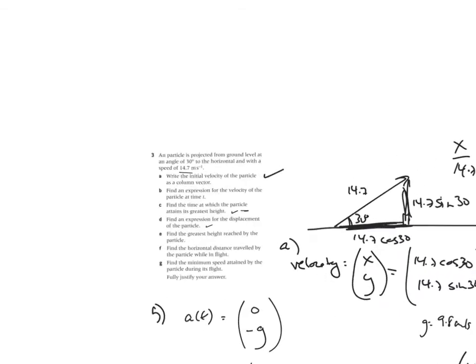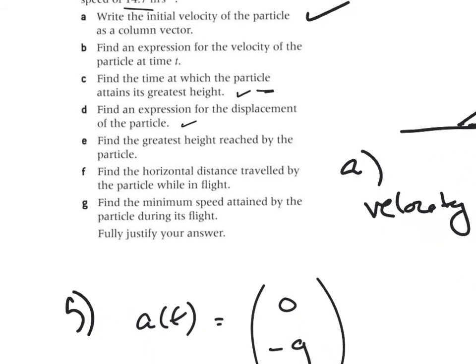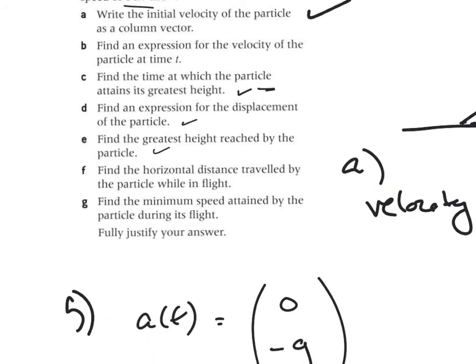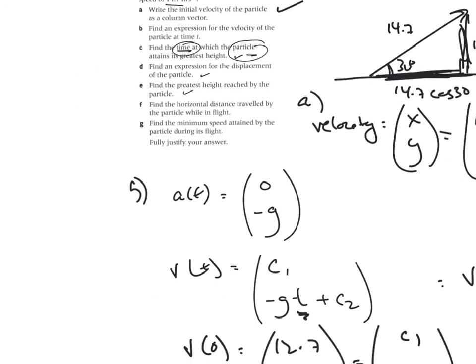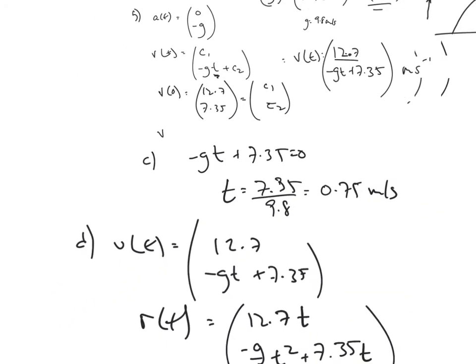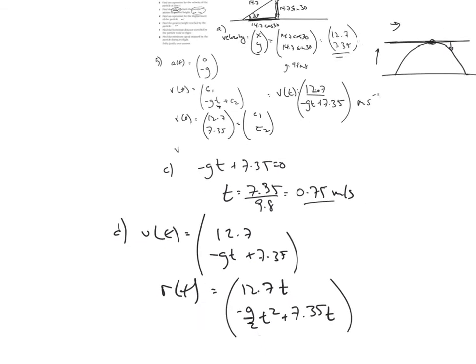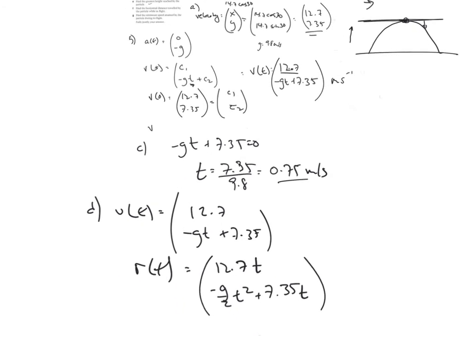Now we want to find the greatest height reached by the particle. From C part, we know the time at which the greatest height happens, 0.75, and we use it in E part.